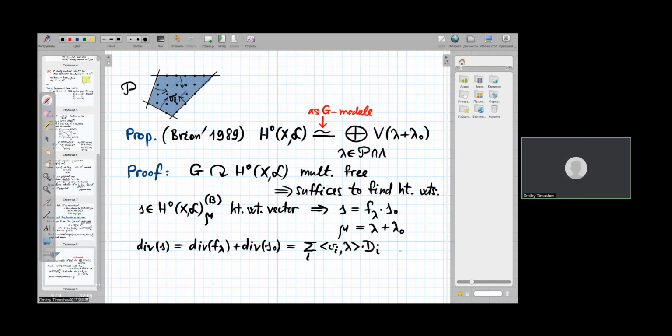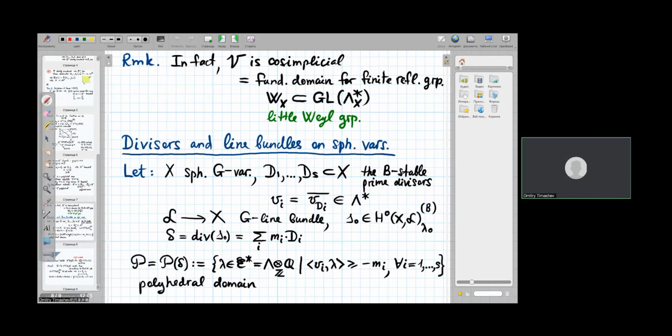And the divisor of S naught is just delta. So since S is a regular section, this divisor has to be effective. All the coefficients should be non-negative. And the coefficients of delta with respect to this decomposition in terms of di's are exactly mi's. The coefficients of delta are these mi's.